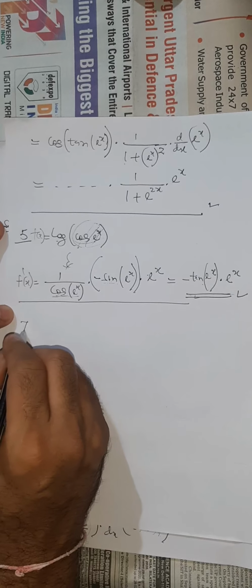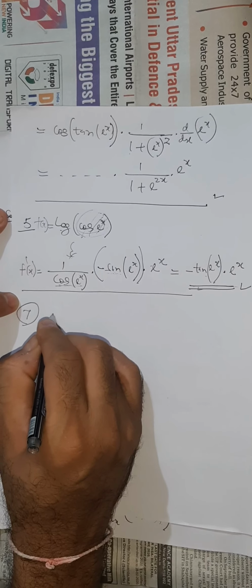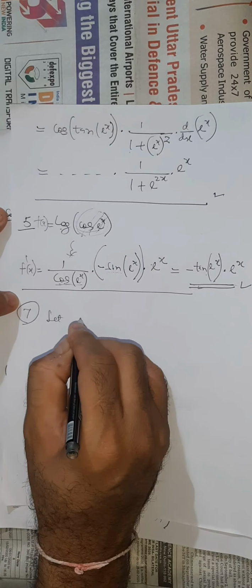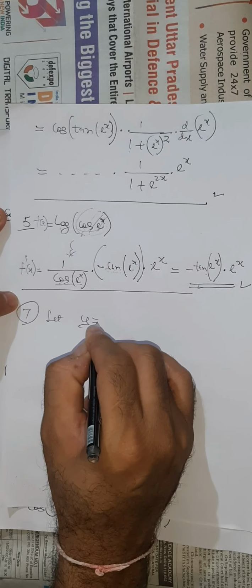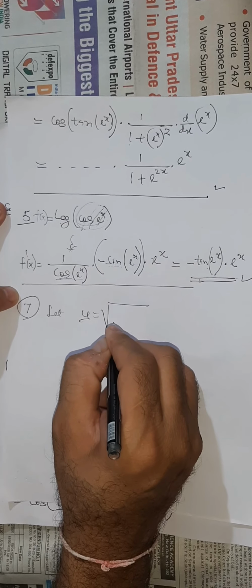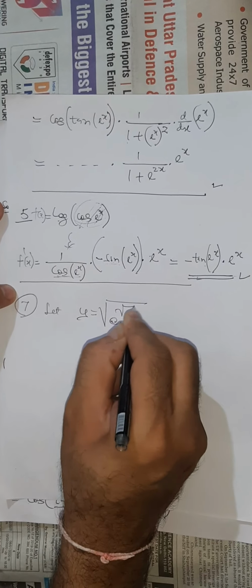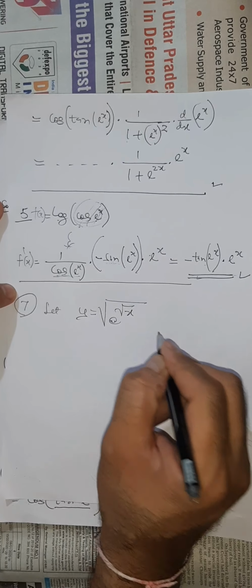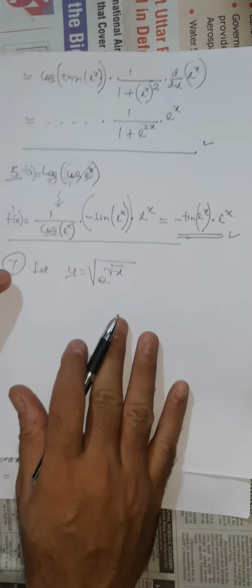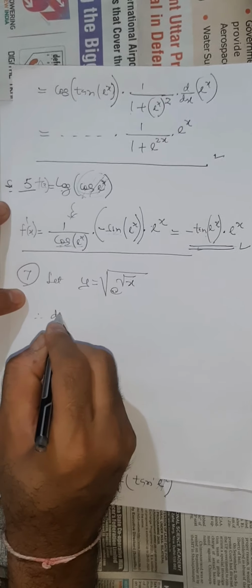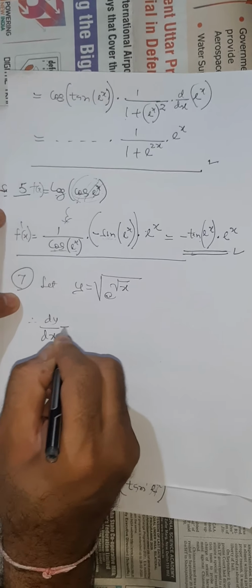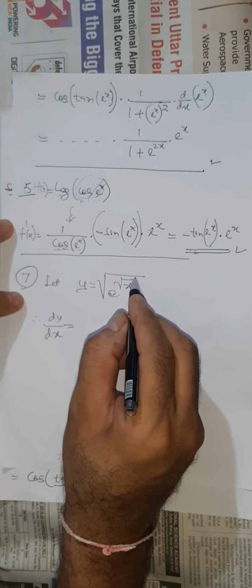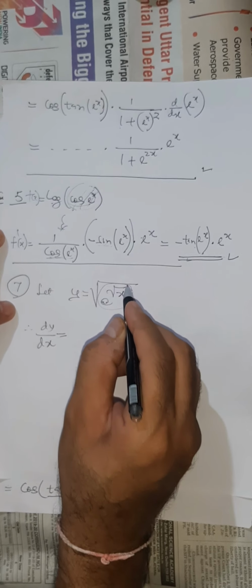Go to question number 7 now. Let's take y equals root of e raised to root x. I want the derivative, so I'll write dy by dx here. Inside the square root you are going to imagine this as x.